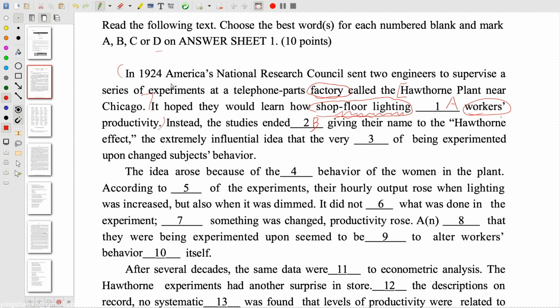Let's read the sentence along with the previous one. Instead, the studies ended up giving their name to the Hawthorne effect, the extremely influential idea that the very blank of being experimented upon changed subjects' behavior.